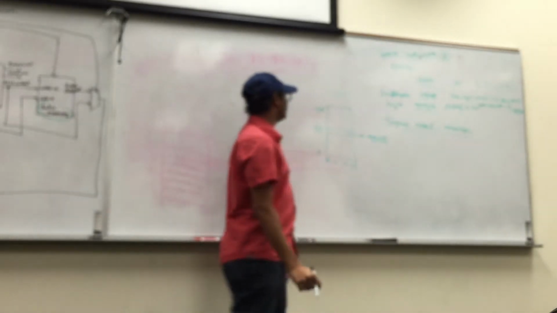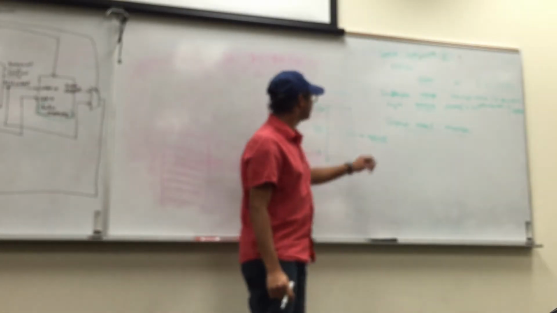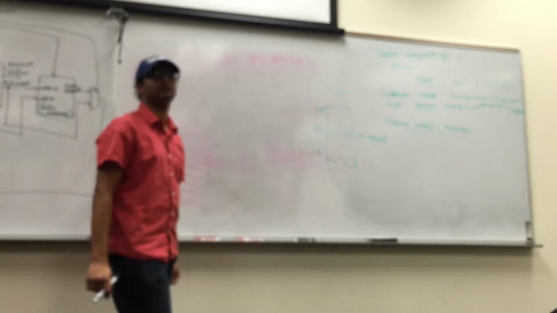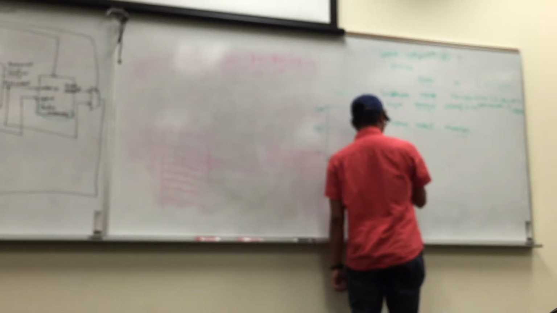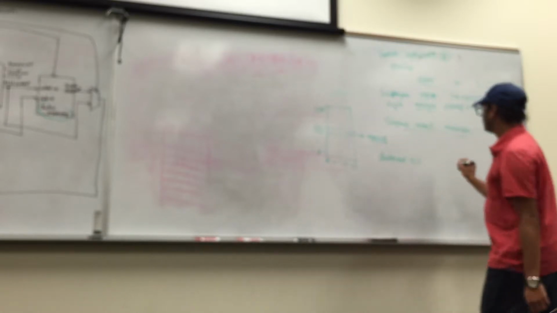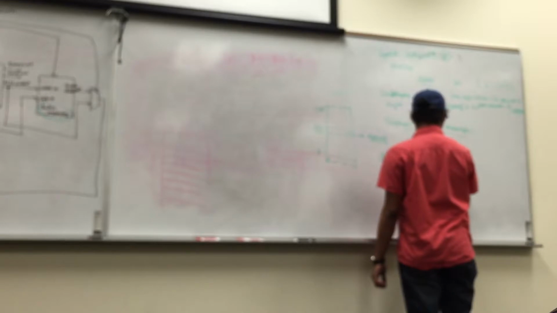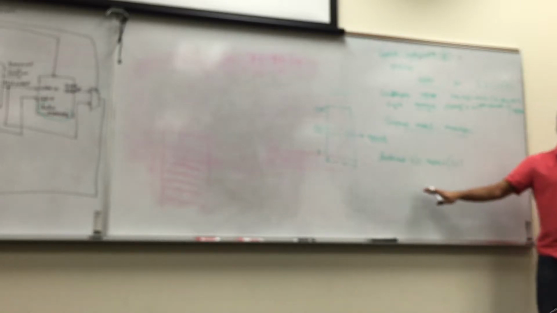How would I access my memory location 10 with respect to VHDL code? Can I write data out is less than or equal to mem1 of 10? Does that make sense?